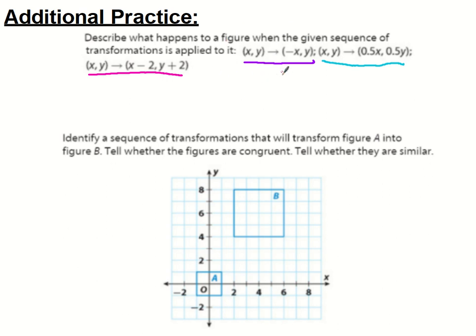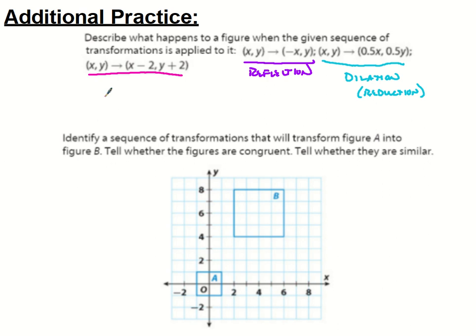Whatever this figure is, I'm going to reflect it. Okay, this is a reflection. Then this is a dilation because I'm multiplying each point. Looks like we're going by less than 1, so I'm shrinking it. So this is a reduction. Reduction means make it smaller.